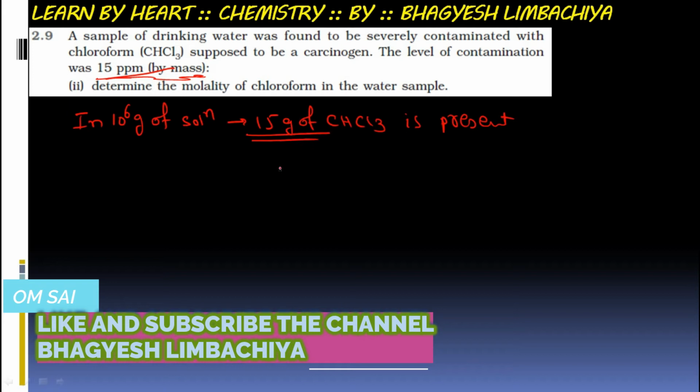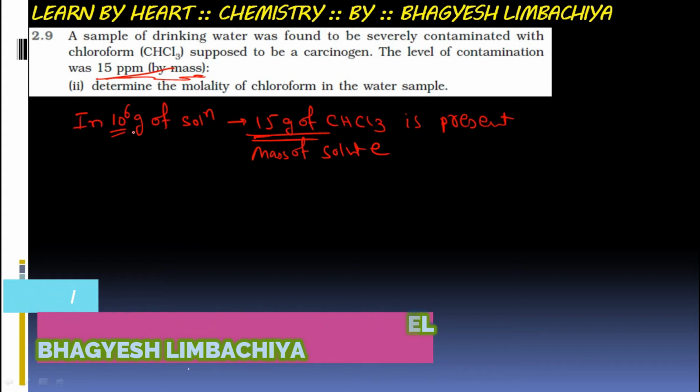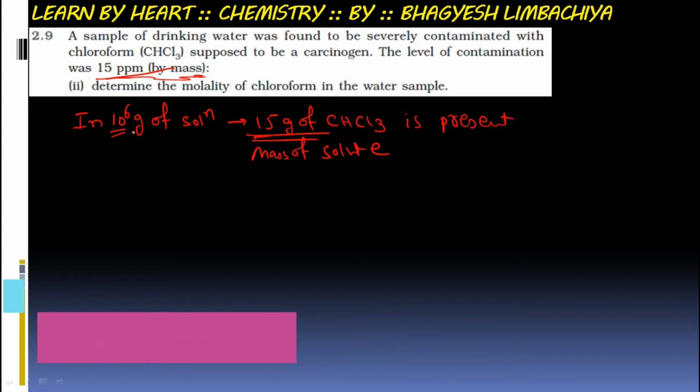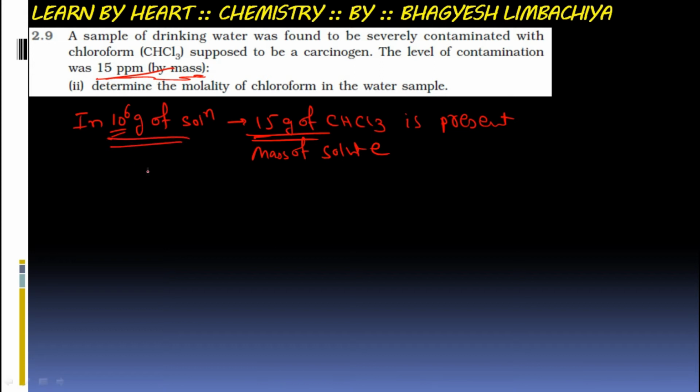So this will be mass of solute, and if we subtract 15 from 10 raised to 6, the difference will be negligible, because 10 raised to 6 means 10 lakhs, and from 10 lakhs if we subtract 15, the change will be negligible. So 10 raised to 6 will be taken.